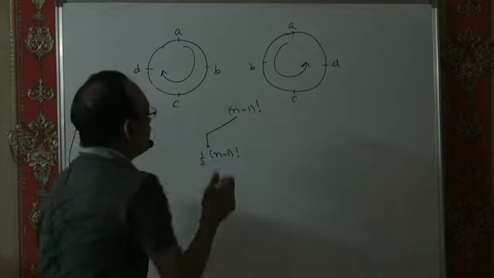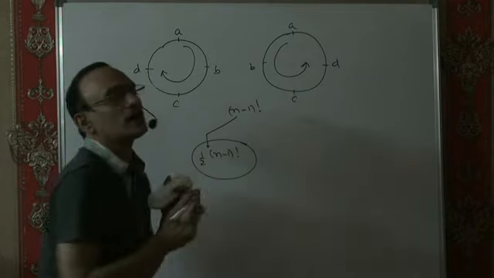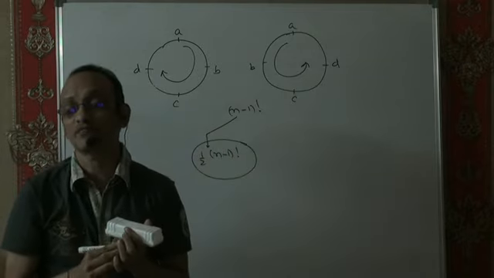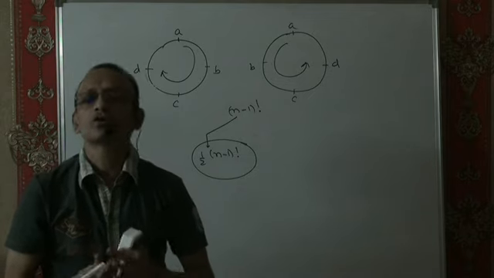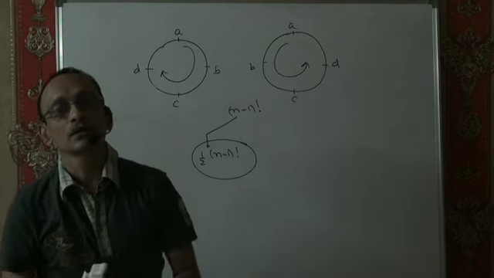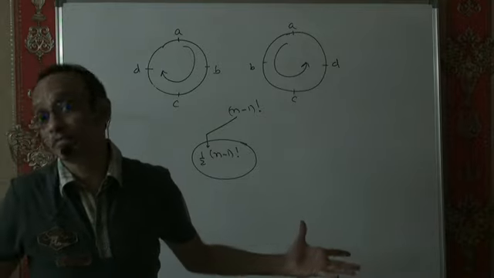So suppose I look at only the clockwise or only the anti-clockwise, then the count is going to be half of n minus 1 factorial in a situation where clockwise and anti-clockwise are considered the same. That can happen in a garland.